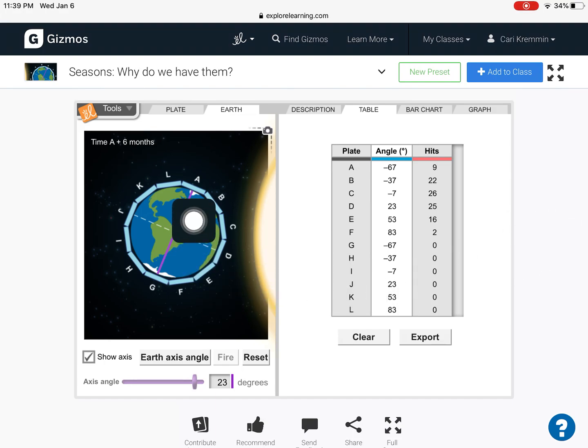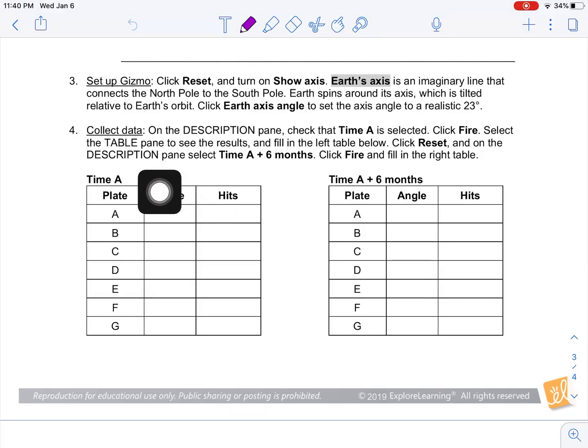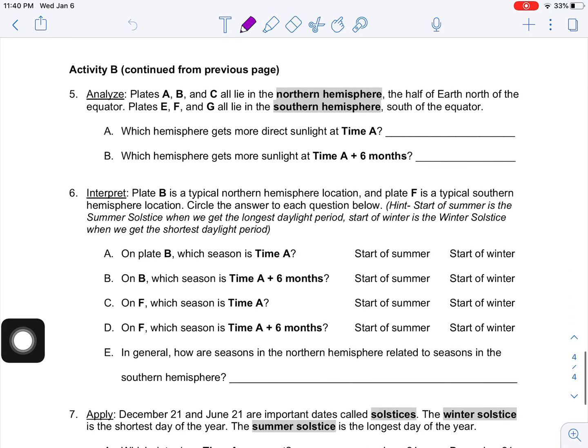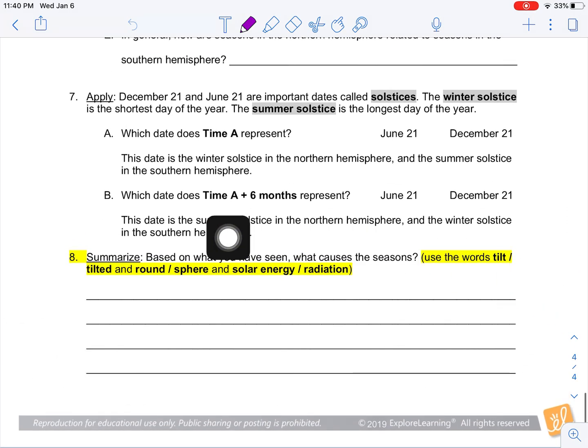Like I said, you're going to see the currently nighttime side of the Earth down here, but you're not going to need to record those numbers. We're going to kind of stop at G. Okay, just looking at the current day side of the planet. So you record the angles and the hits. Okay. And then some more analysis about that, okay, as well as a summary question here.